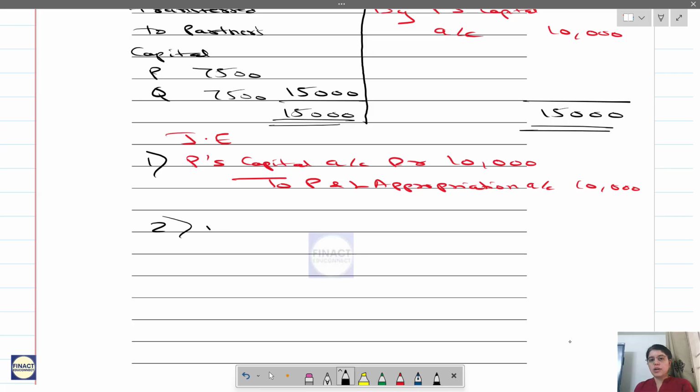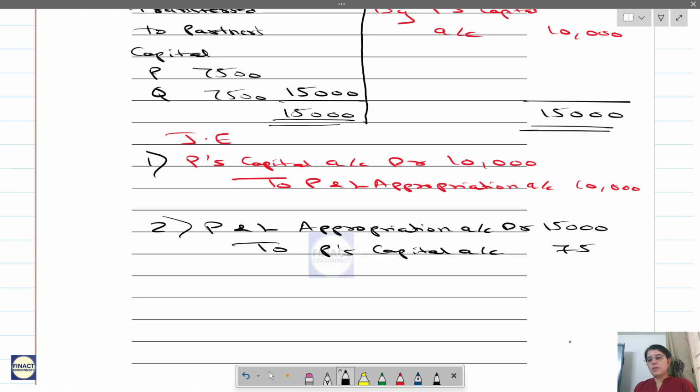So that journal entry will be P&L, same. We have already done this entry, right? P&L appropriation account debit 15,000 to P's capital account 7,500, to Q's capital account 7,500.